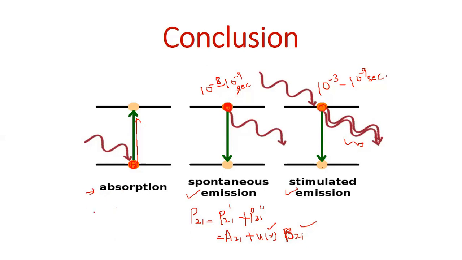And this absorption probability P12 is equal to B12 into U nu. So at equilibrium, P12 is equal to P21. So absorption is equal to the sum of spontaneous plus stimulated emission.